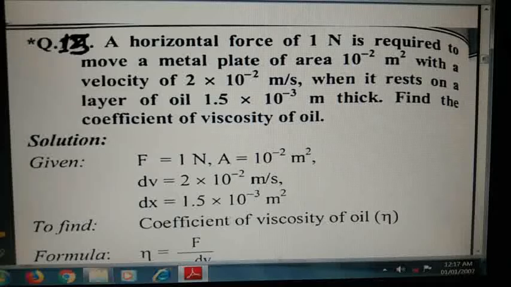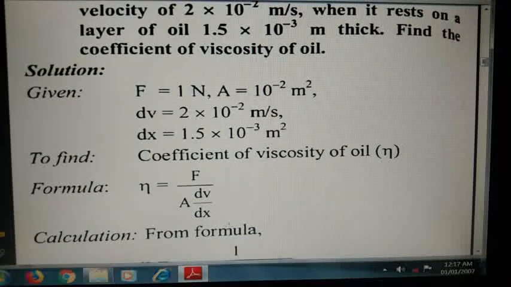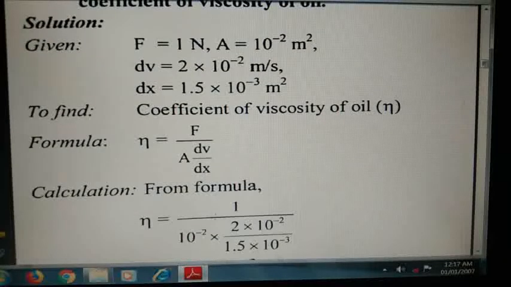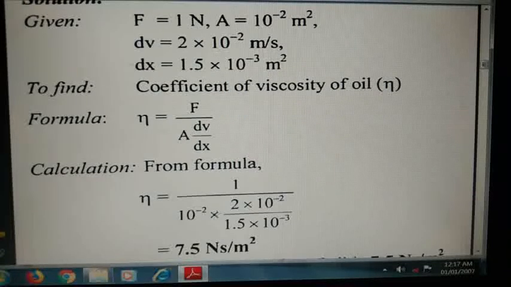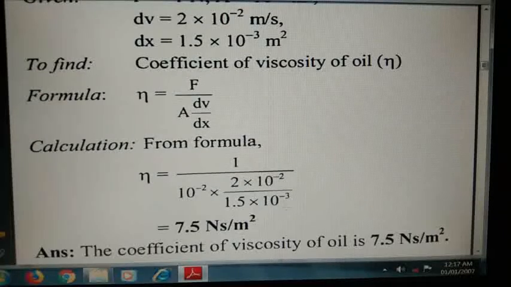We know the formula for the coefficient of viscosity of oil: eta equals F divided by A times dV by dx. When we substitute all these values, we get eta equal to 1 divided by 10 to the power minus 2 multiplied by 2 into 10 to the power minus 2 divided by 1.5 into 10 to the power minus 3.